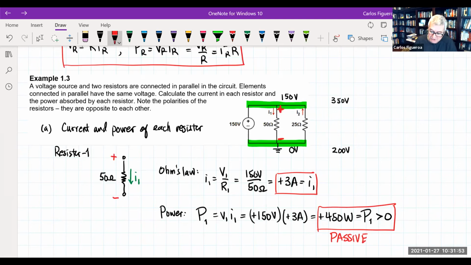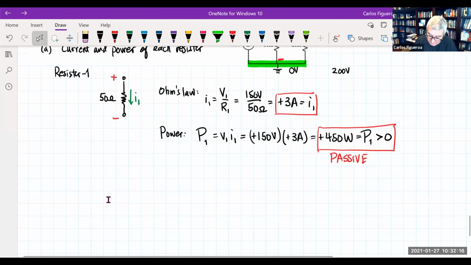What about resistor 2? One thing you see about resistor 2 here is that this little slope is going upstream, and you're going, oh, they made a mistake on the problem. And the answer is no. The problem is set up correctly.